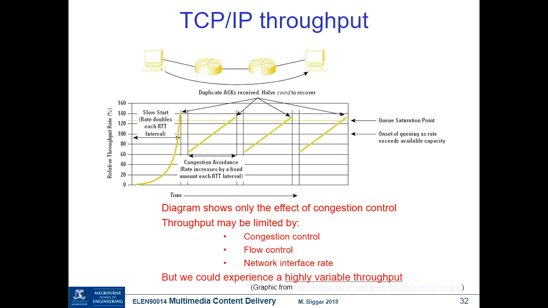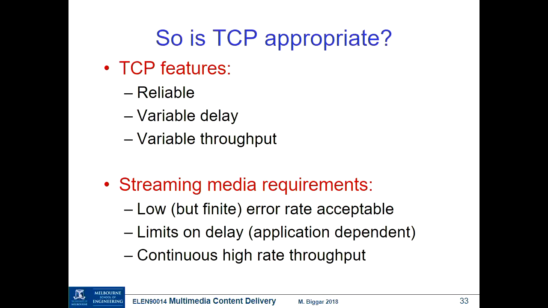So we could experience this highly variable throughput. We're talking about highly variable delays, which isn't sounding good from the point of view of streaming media, in which we want a short delay before we start up, and we want reliable, high bit rate, high throughput support from our network.